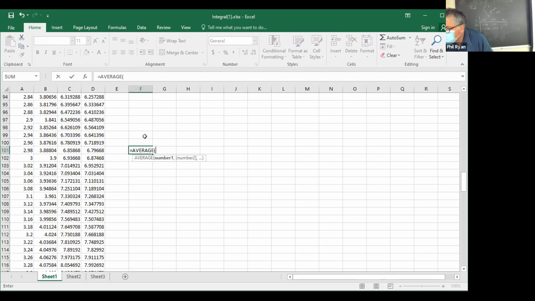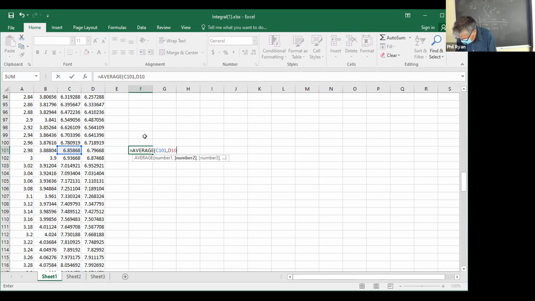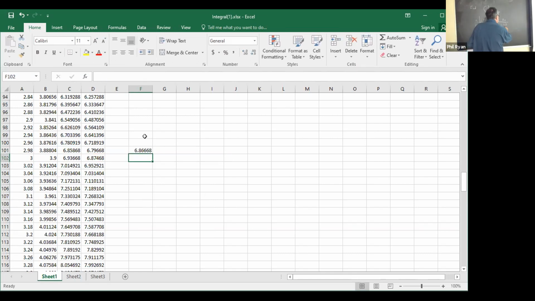It's C101 and D102. Okay, we see the right things are highlighted, and it's 6.866.